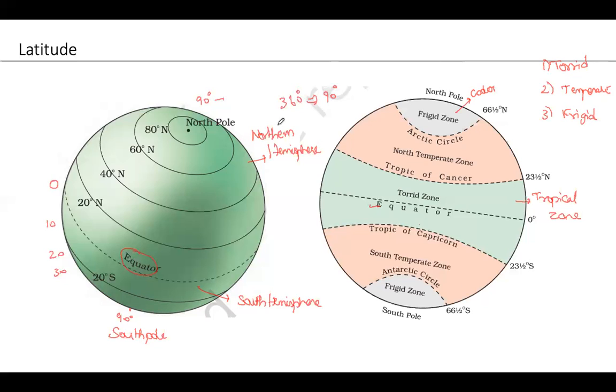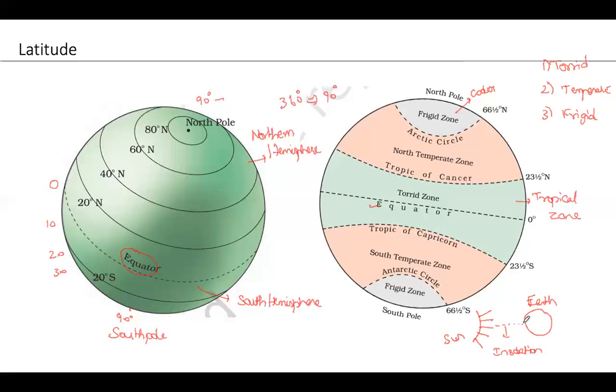Okay, consider this one is the earth. I will make one small earth, and this is the sun. The sun rays fall on the earth. This incoming solar radiation we call insolation.